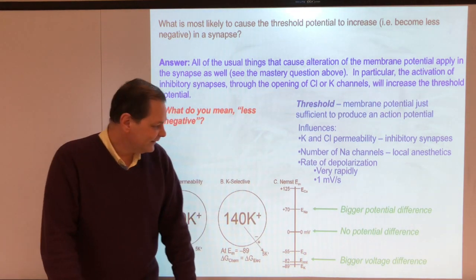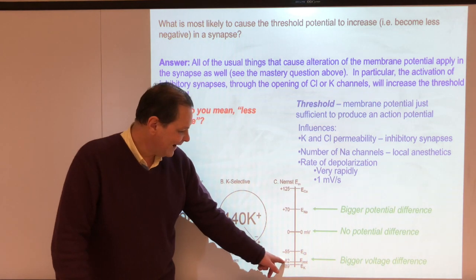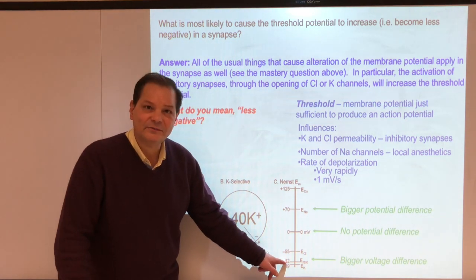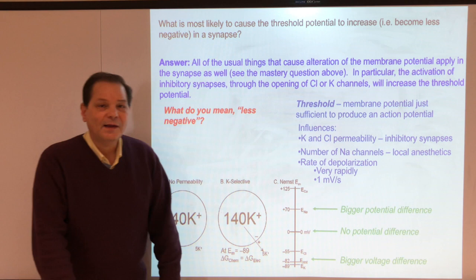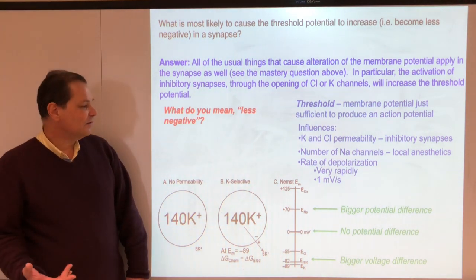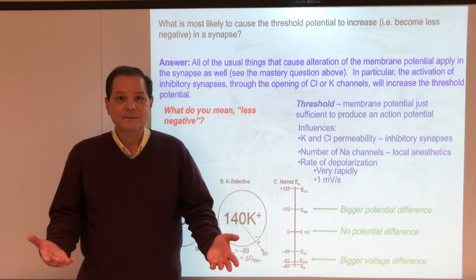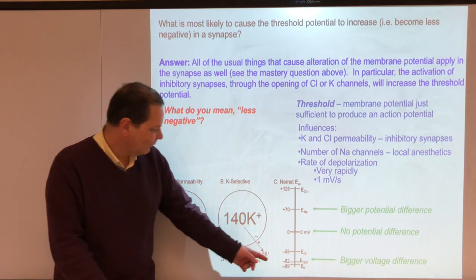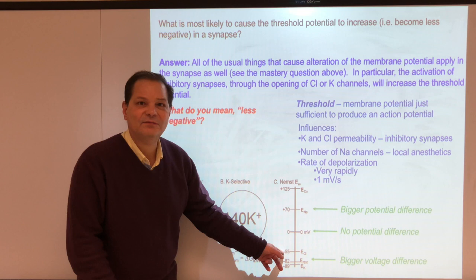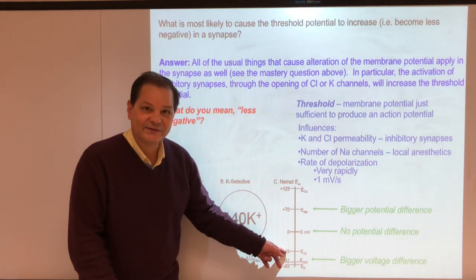So technically speaking, the potential difference has gotten bigger the more negative you go. And so this gets to be confusing, because if I say you've increased the voltage, most people would think, okay, well, I went from minus 80 to minus 55, or I went to a less negative value.